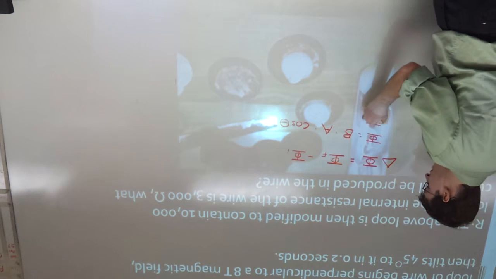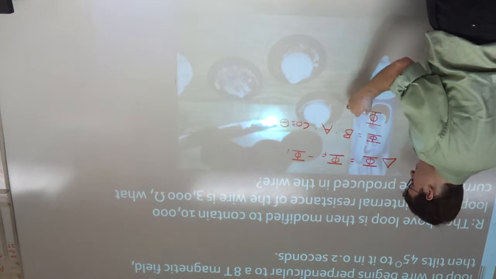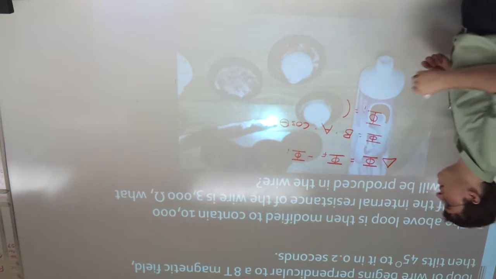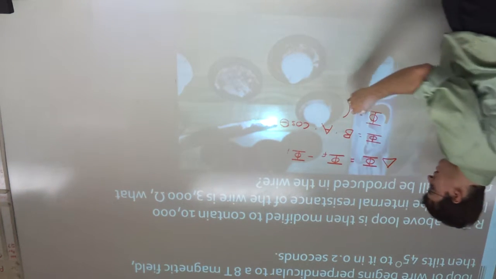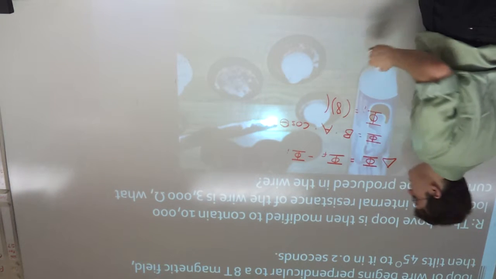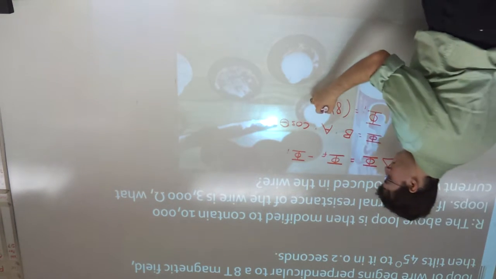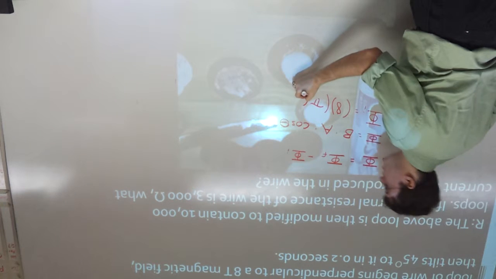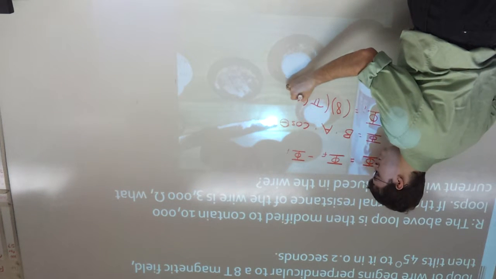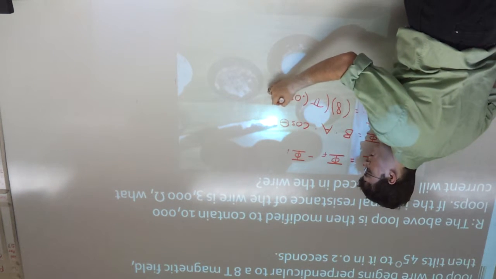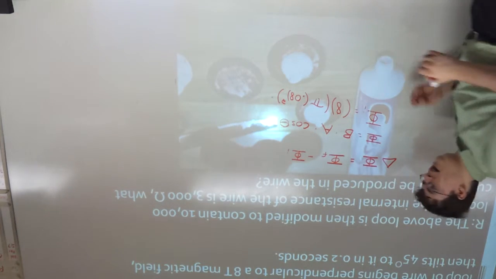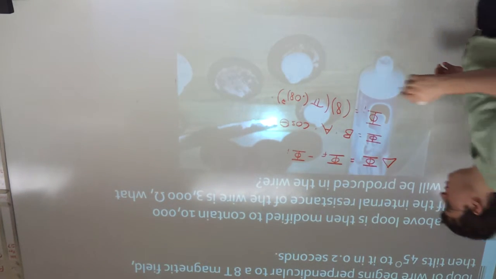Our initial flux is going to be B, the strength of the magnetic field, 8, times A, the area, pi r squared, keeping in mind that r has to be in meters, 0.08 squared, times cosine of the angle between them. We've got to be a little careful here.